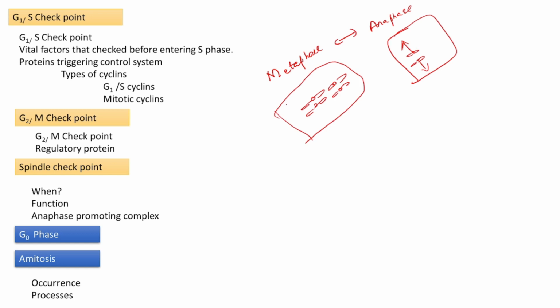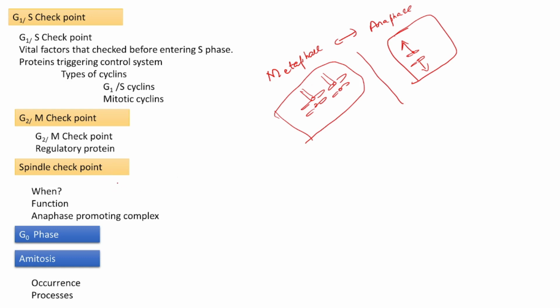So this checkpoint happens between these two phases. Which things are checked during this checkpoint? It ensures that all the chromosomes are correctly aligned in the metaphase plate, it checks whether the spindles are correctly attached with the sister chromatids, and it checks whether the spindles are intact or not. These are the three things checked during the spindle checkpoint.